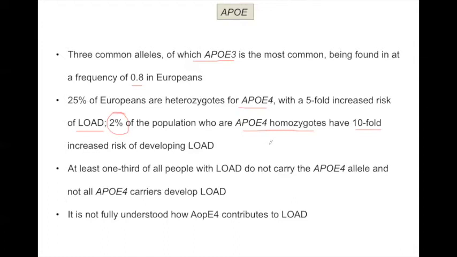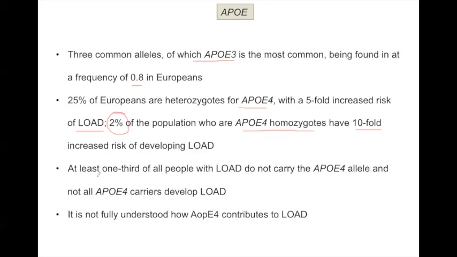So having the ApoE4 allele, although it is a significant risk, does not ensure that that person will develop the disease. And again, this is a common theme that we keep coming back to in these genetically complex diseases, that even with very high odds ratios, which certainly can be the case with ApoE4, it does not guarantee or ensure that this person will become ill as a result of this particular allele.